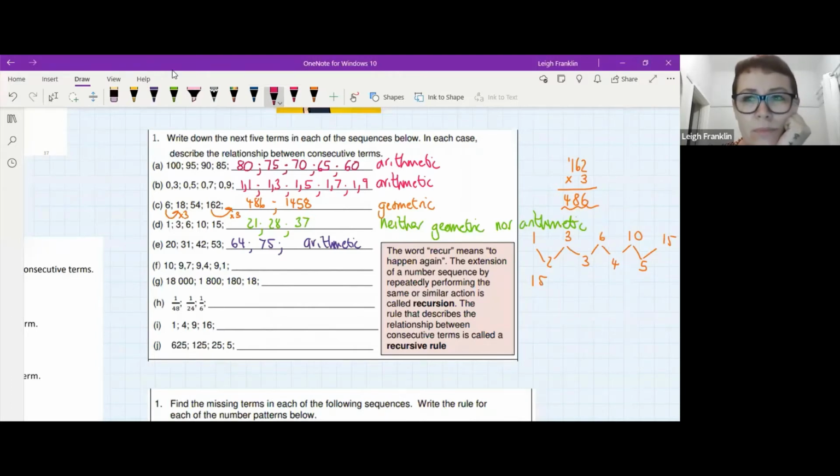We're subtracting 0,3. Good, Fatima. So tell you what, extend the pattern by 3 terms for me. 8.